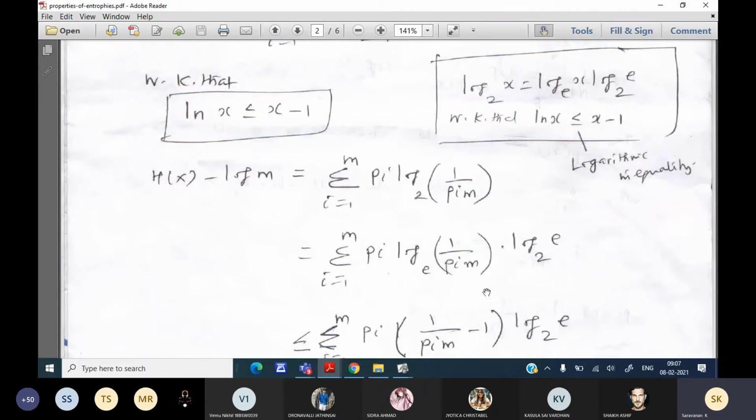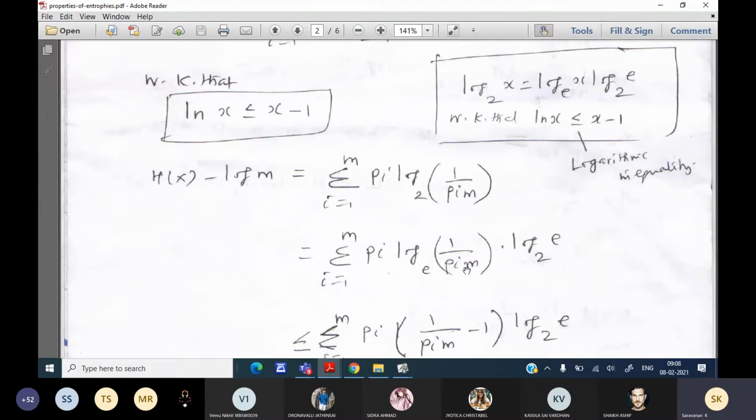Since x minus 1 is greater than or equal to ln x, I'm replacing this term, log 1 by pi m base e. By using the logarithmic inequality, I'm going to express this as x minus 1.